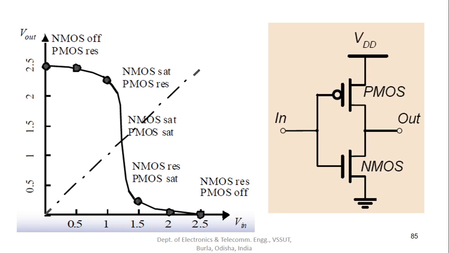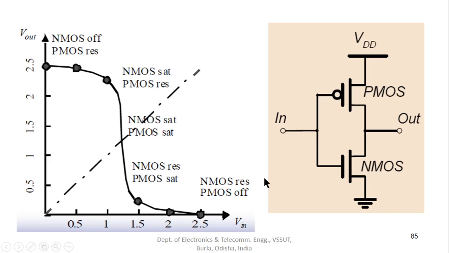When you go inside it, we will see that it depends on what value we take for the W/L ratio for NMOS and the W/L ratio for PMOS. So it all comes down to the ratio of W by L, the width by length of the channel or the gate.